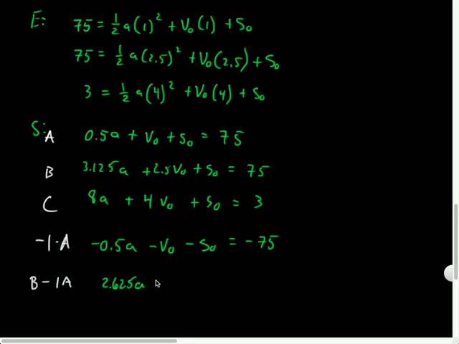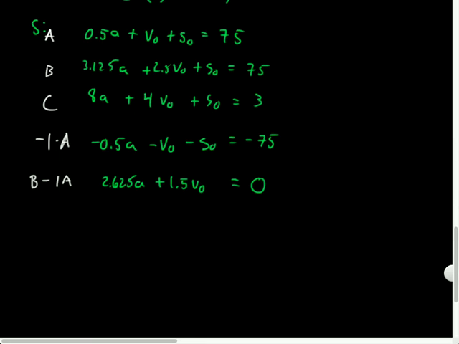Verified. A. 2.5 v naughts minus 1 v naught would be plus 1.5 v naughts. Right? Just subtracting the coefficients. And then s naught minus s naught is 0 s naughts. And 75 minus 75 is 0 there as well.